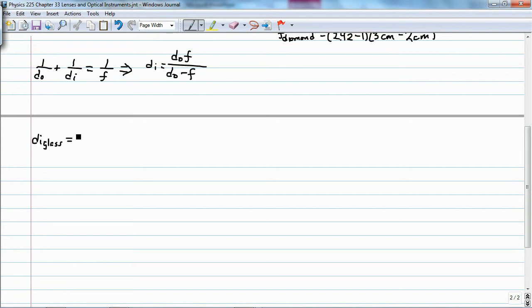That's going to be equal to our 25 centimeters, that's our starting distance from the lens, times the focal length, which is 11.538, divided by 25 centimeters minus 11.538 centimeters, and that gives me a distance of 21.429 centimeters.